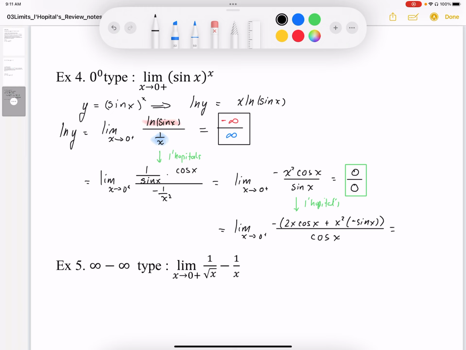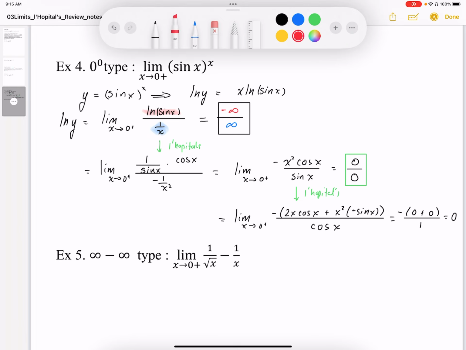Now at this point, when I evaluate this limit, I'm going to plug in 0, so I end up with negative 2 times 0 is 0, so I get 0 plus x squared is 0. In the denominator, cosine 0 is 1, and so that's going to be equal to 0.